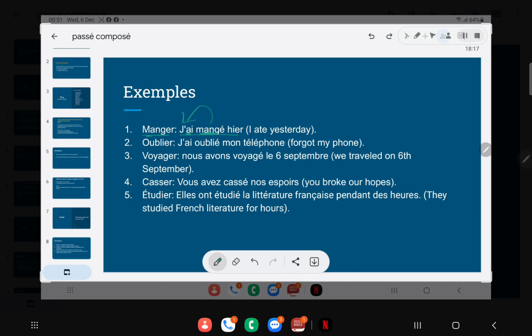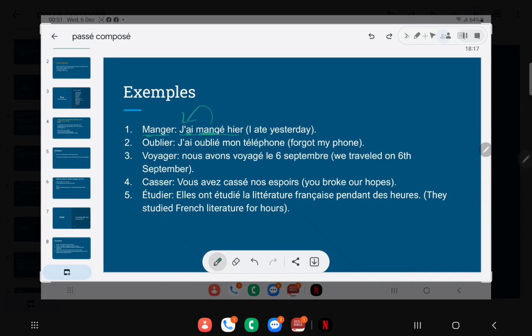The past participle form remains the same. It does not change. Although there are exceptions, we'll be looking at the exceptions in the next class. But as of now, keep in mind that the participe passé does not change. As we will see in the other examples, nobody has to agree with the subject in this case.